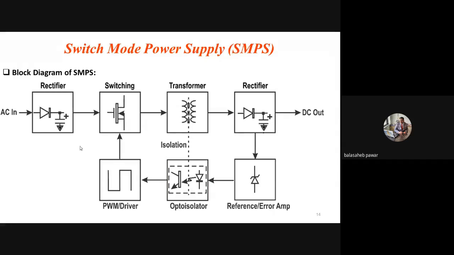By using a switch, if it is turned on and turned off momentarily, then the obtained output is pulsating DC, and the average of that pulsating DC is our expected output, which depends on the switching frequency as well as the turn on and turn off time of that switch.